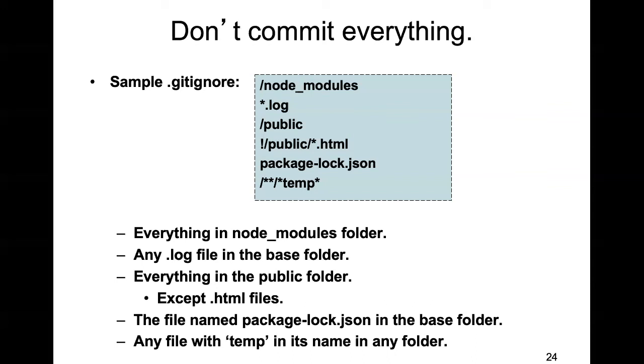Check that by using the git status command, really check that you are not about to commit stuff that you shouldn't. You may change gitignore in the middle of a project as well, and that's okay. But if files get into the repository that shouldn't, then it's too late. You can't undo that.